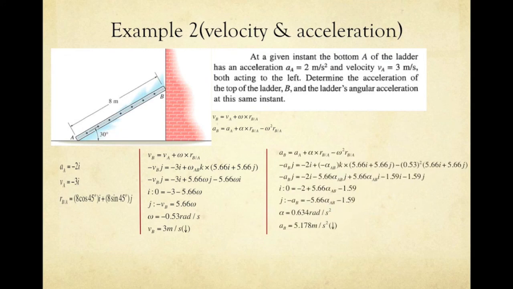The steps are the same as done in the velocity equation. Notice that the alpha is in the negative direction. This is because the ladder is rotating in the clockwise direction, which is the negative direction.